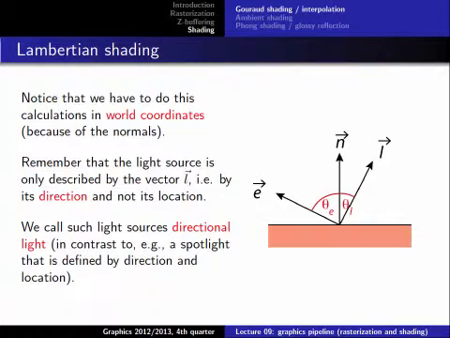Good. The other thing we discussed already is that this diffuse light depends on the direction of the light. So if we have, for example, a light source here, like a lamp, and we move it to the left or right, then the direction changes, but it doesn't depend on the location.